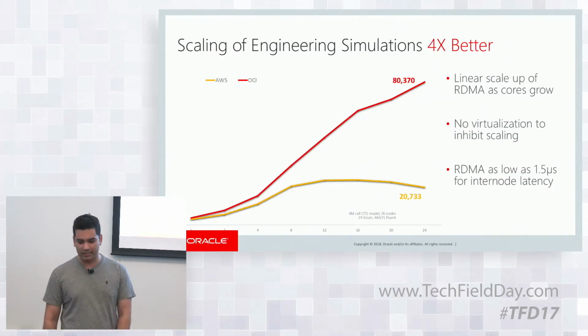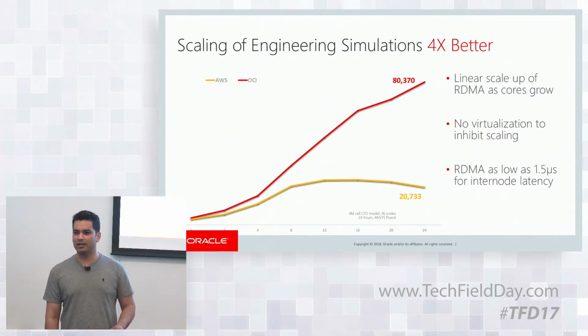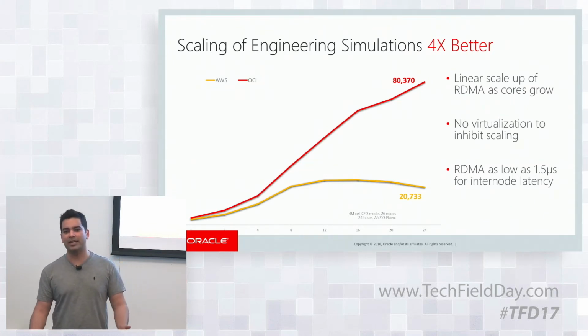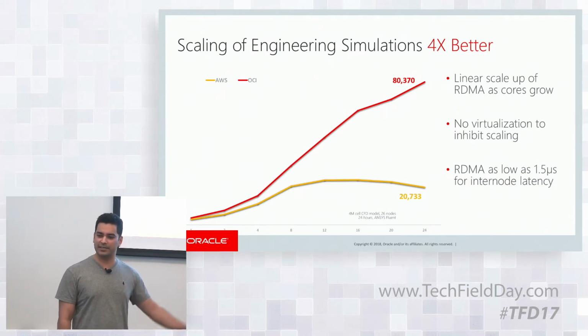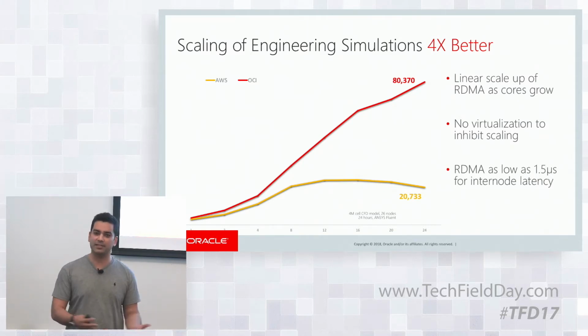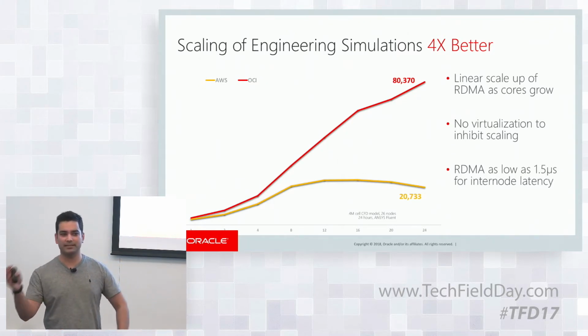Some numbers that we've been running. So this is an application called Ansys Fluent. Who knows who Ansys is, maybe? Yeah? EDA, yeah. So chip design. If you drive a car, most likely that car was built using Ansys products. Ansys builds a lot of computational fluid dynamics, things like crash testing, FDA testing, material testing, glass, plastics, materials, that sort of thing.